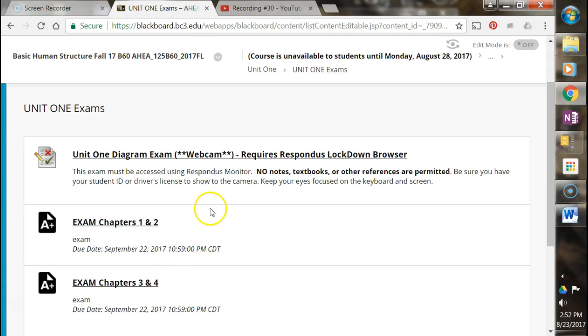Then you will also see that you have a diagram exam. The diagram exam is in a separate category than the exams, and it is valued at different points, a percentage of the course than the exams are. The diagram exams are going to be a little different in that you are going to be on a camera for this. So you have to have Respondus Lockdown Browser along with the screen, the camera, which is called Respondus Monitor.